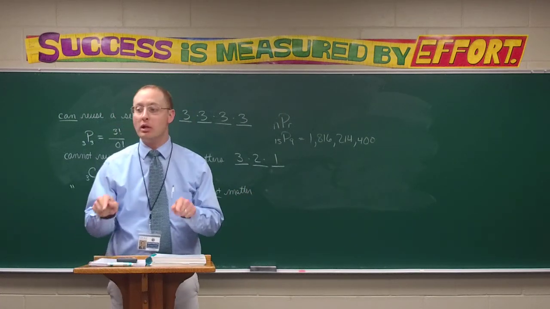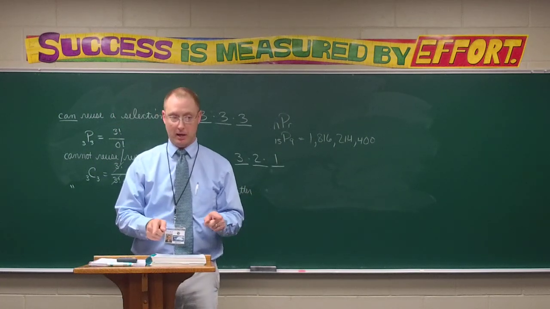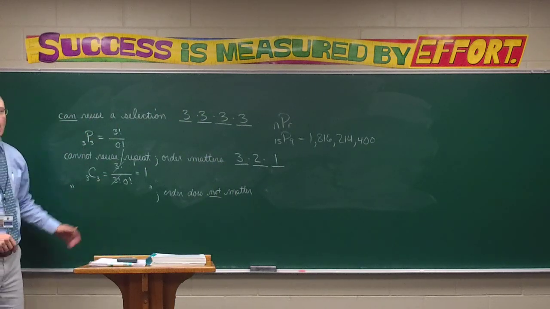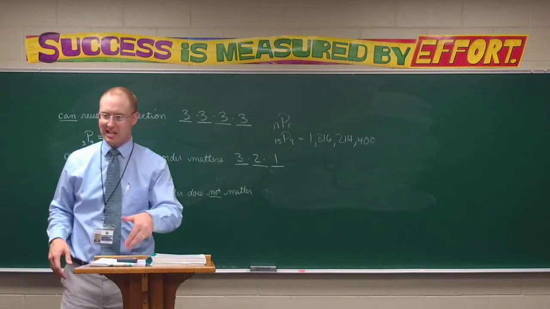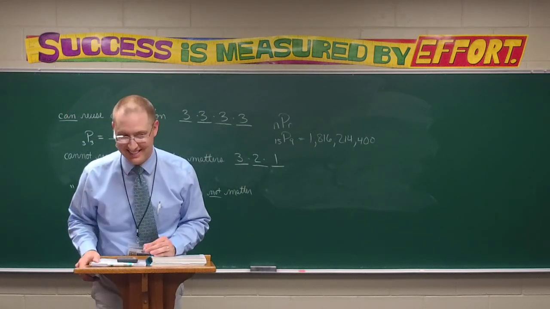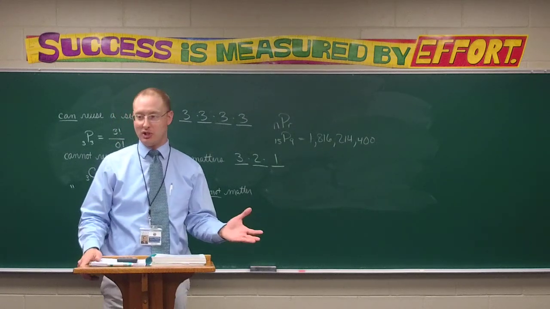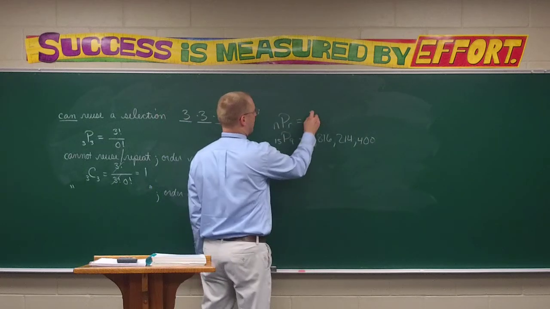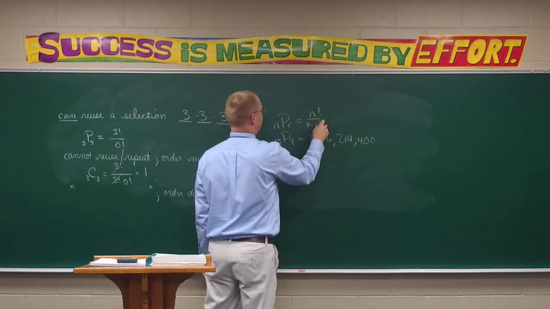So the only thing we have to worry about on the word problems, keep coming back to that, is which one, right? Because if it is a permutation, easy, right? We don't even have to remember the formula to do it. Now, on a short answer question, what's the formula for a permutation? You need to be able to write nPr equals n factorial over n minus r factorial.